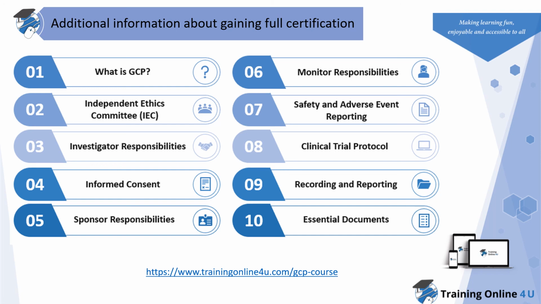Chapter 9 looks at recording and reporting, so we will look at the types of data, focus on ALCOA Plus and also reporting of ADRs and SUSARs. Finally, Chapter 10 focuses on essential documents, documentation before, during and after a clinical trial, and general rules for archiving essential documents.